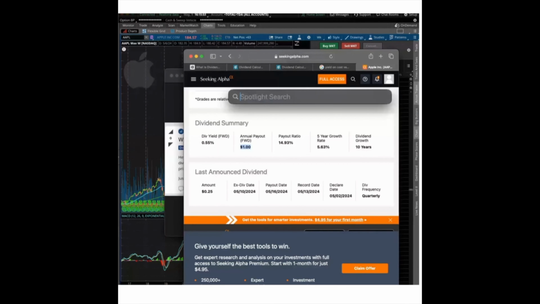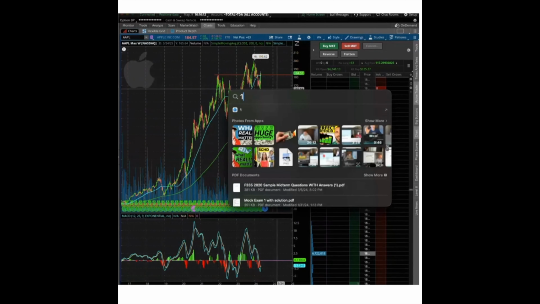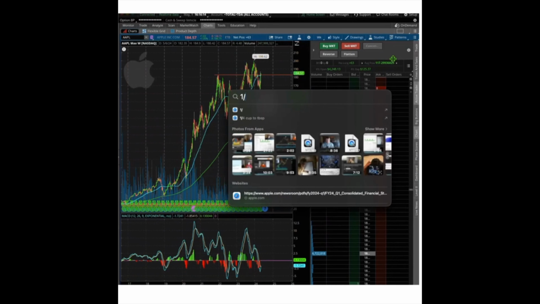Okay, so we said you take the original cost basis and substitute it for the share price. So same thing here. $1, remember that's the forward dividend, divided by, and here you can see my average price on Apple is $117.30.